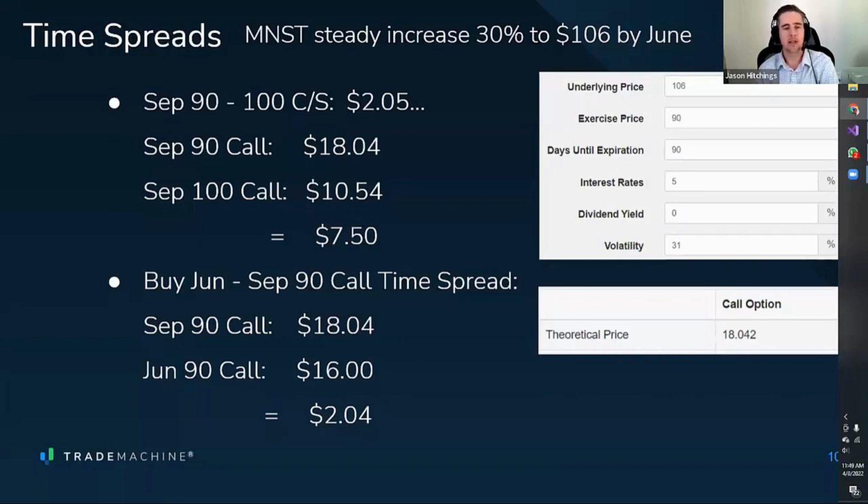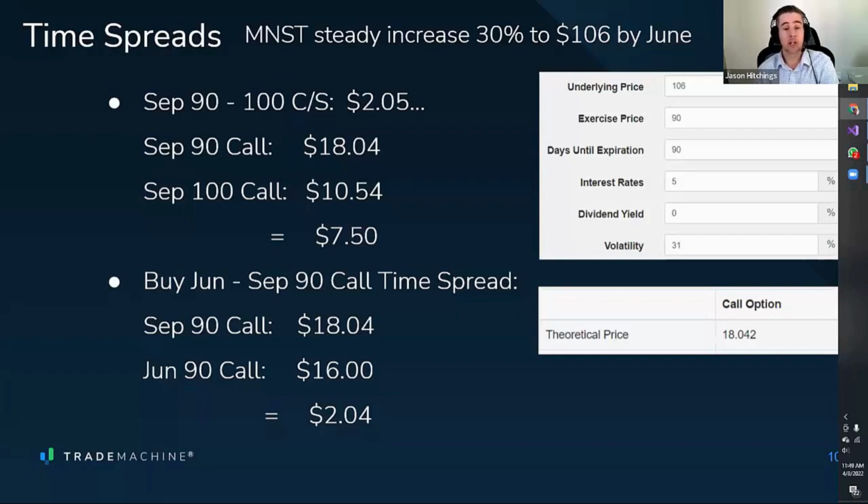Right now it's not, because that September 100 call has more time value in it. So that call spread would be worth $7.50, which is great. It's gone up from $2.05 to $7.50. And if you wait and stock doesn't drop down below 100, it's going to end up being worth $10 90 days from now. So you'll make $250 per contract in the next 90 days with that call spread.